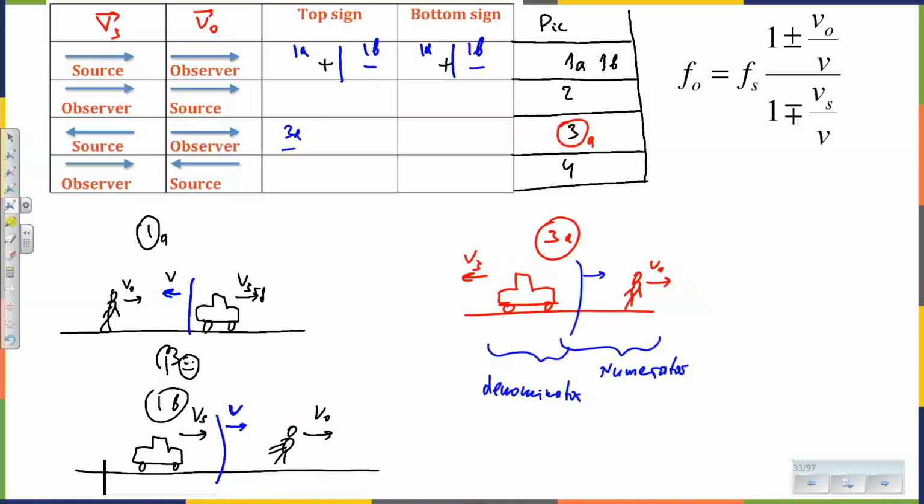Yeah, so the wavelength behind the source is larger. If we compare it to a stationary situation, an increase in wavelength means a decrease in frequency. So we have to decrease the fraction. So to do that, we have to increase the denominator, and to do that, we have to choose a plus. The rest is just practice.